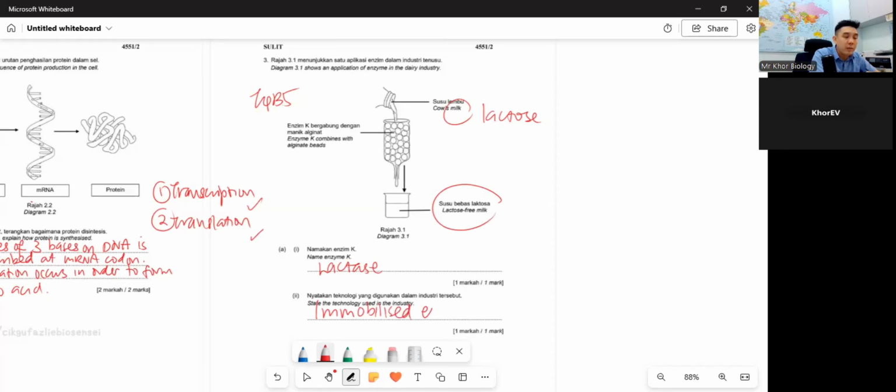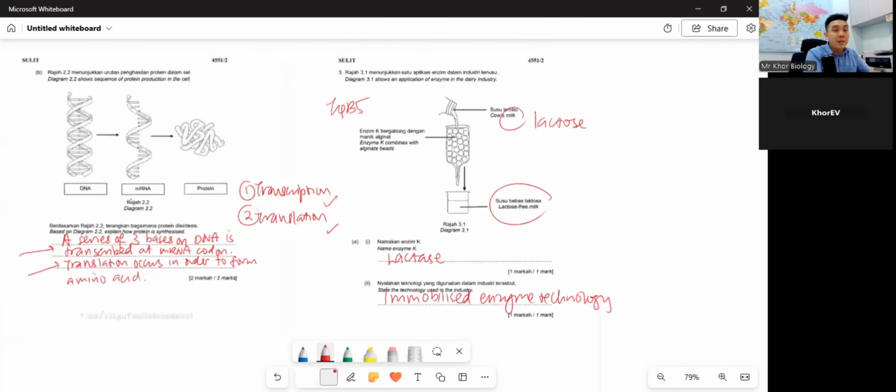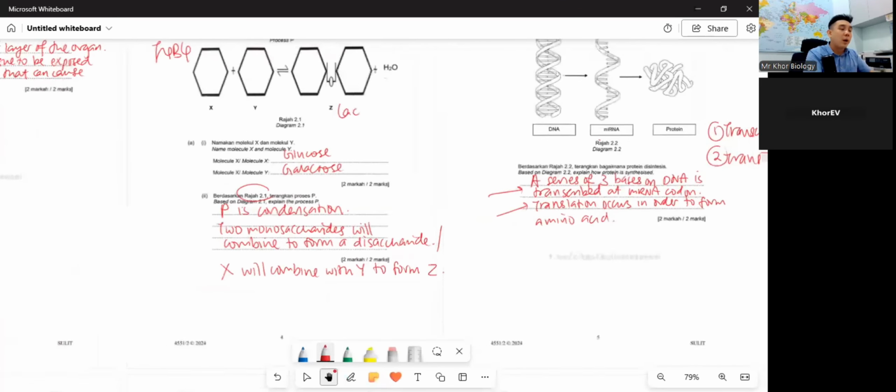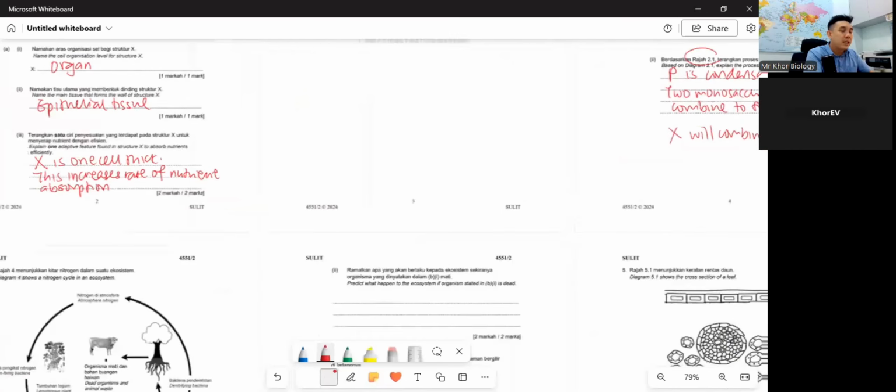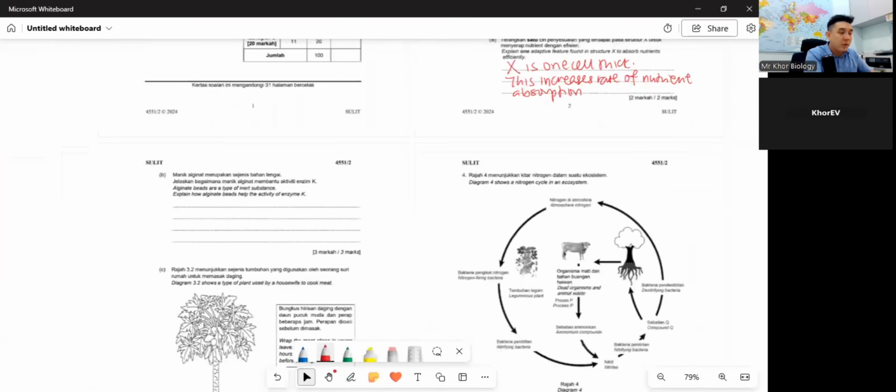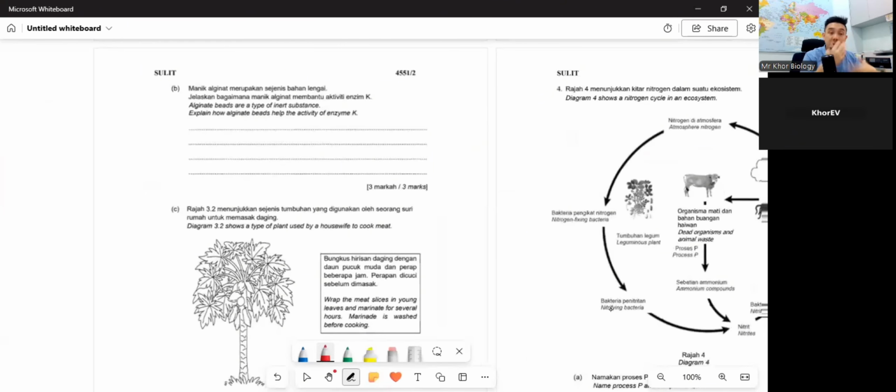The technology here should be very simple to you by now. This is called immobilized enzyme technology. Mobile means can move, immobilized means cannot move. Why? We want to make sure the enzyme is stuck there so it can function continuously, so we can use it continuously.